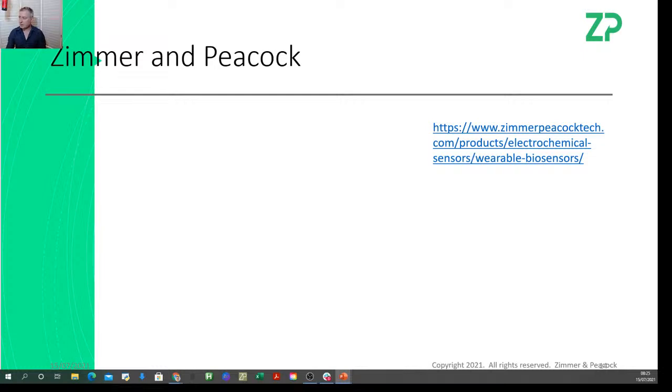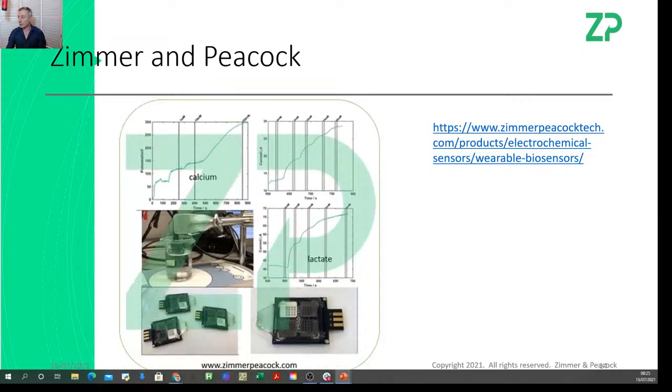So I read the question like, well, how do I make microneedles? But really the question was, how do I make electronics? But we do have microneedles on our website. In fact, here's some data where it's probably 0 millimolar glucose. I think it's 5, 10, 15, and 20. So we have microneedles on the ZP website that are functionalized for glucose, and they work perfectly fine.